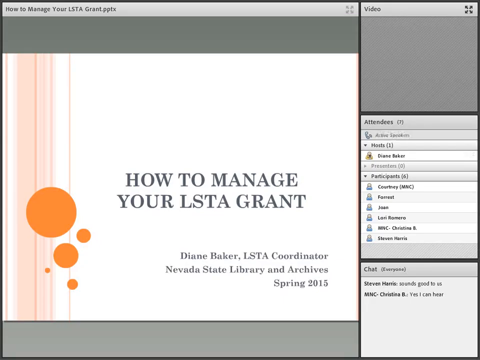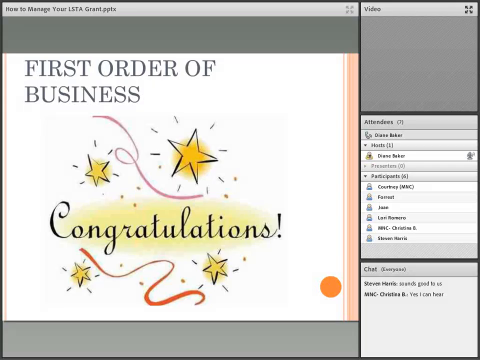And first order of business is congratulations to all of you. You have navigated the grant application process, gotten through the review from our State Council on Libraries and Literacy and here at the State Library, and you are going to be getting underway with a federal LSTA grant.